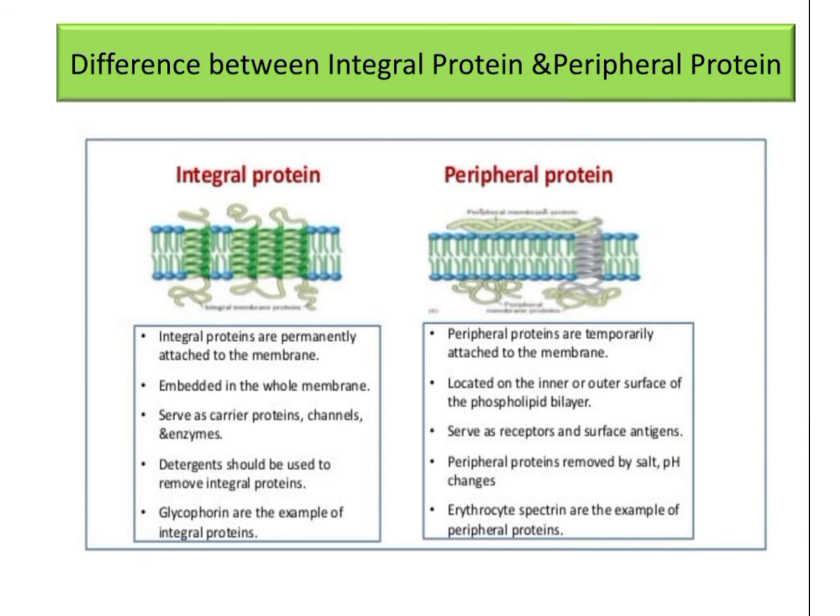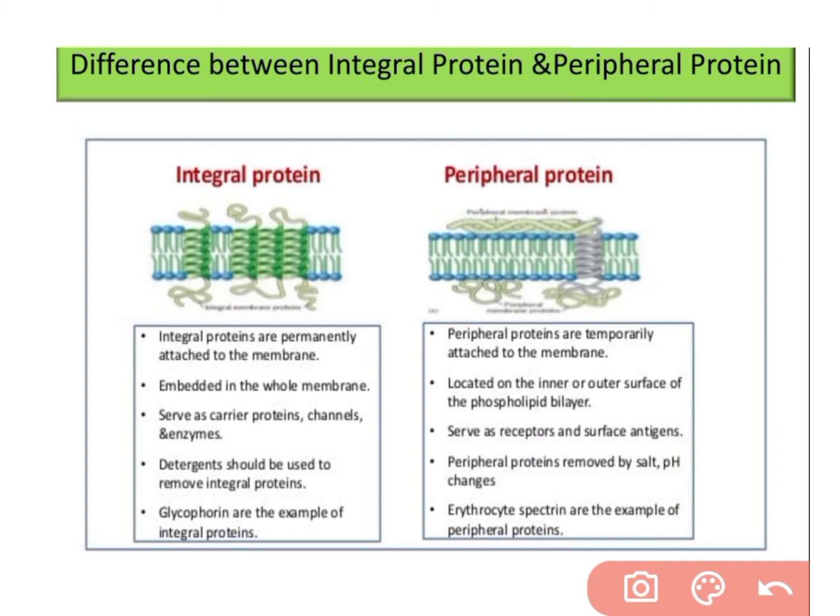Then coming to the difference between integral protein and peripheral protein. What is an integral protein and what is a peripheral protein? Integral proteins are permanently attached to the membrane. But peripheral proteins are temporarily attached to the membrane, not permanent.